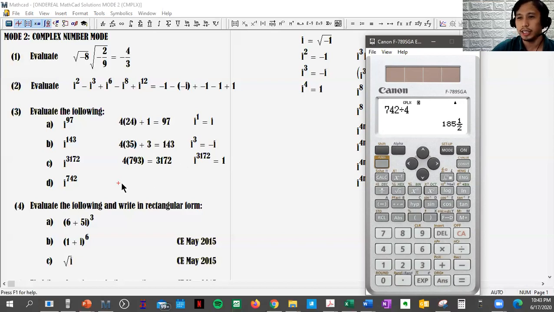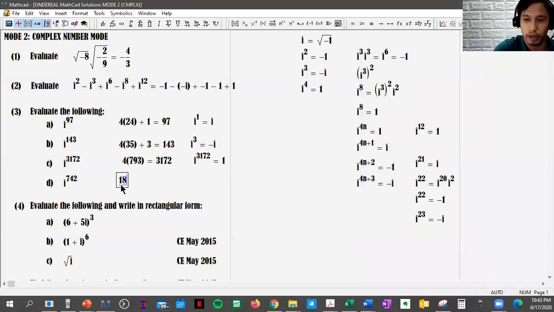So it's like this 742 is 185 times 4, or 4 times 185 plus 2. Okay, so pwede that we are to make this equivalent to i raised to the power of 2, no, or that is equal to negative 1.